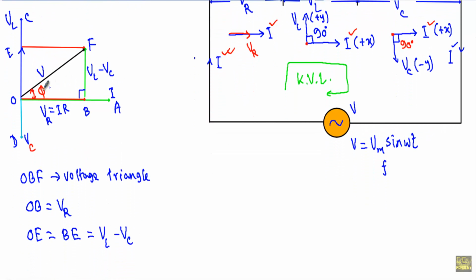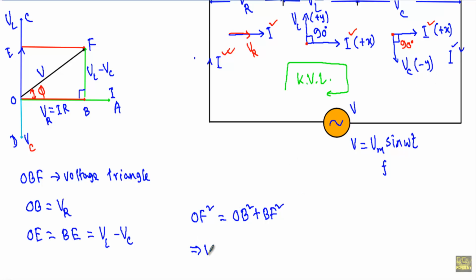Now see, this OB will represent VR. This BF, which is equal to OE, will represent VL minus VC. Now from this voltage triangle I can write down hypotenuse square: OF square is equal to OB square plus BF square.